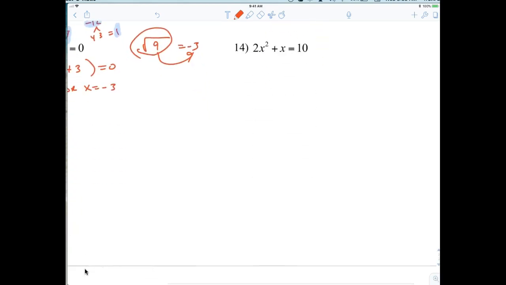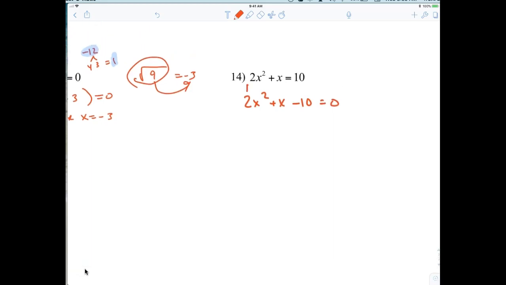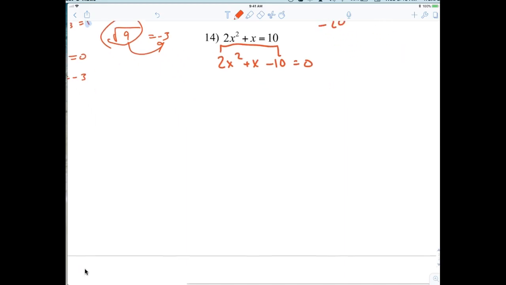All right, now number 14, 2x squared plus x minus 10 equals 0. Now, does this factor? Because I'd like to factor it if it's possible. 2 times negative 10 is what? Are there factors of negative 20 that make a positive 1? And the answer is yes, 4 and 5. So we know it'll factor. That's the quickest way.